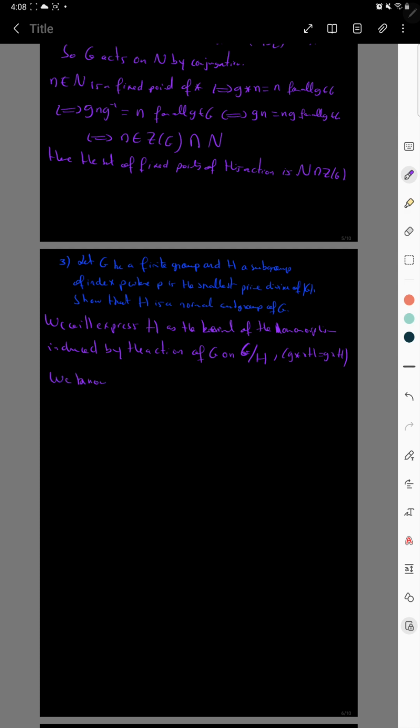We know that N, the kernel of this coset representation, which is the intersection of the conjugates of H, is contained in H, is a normal subgroup of G, and the index of N divides p factorial. This is the theorem from class.